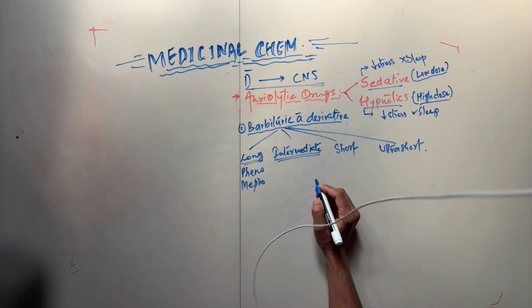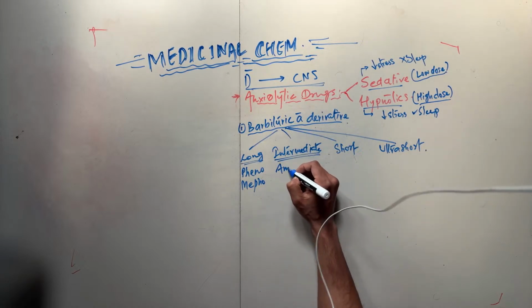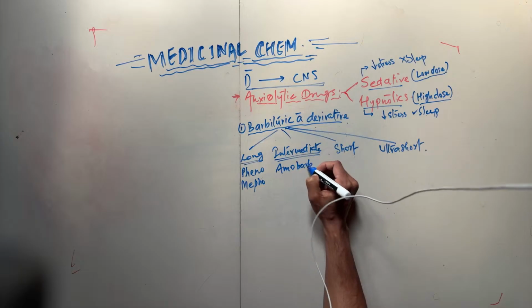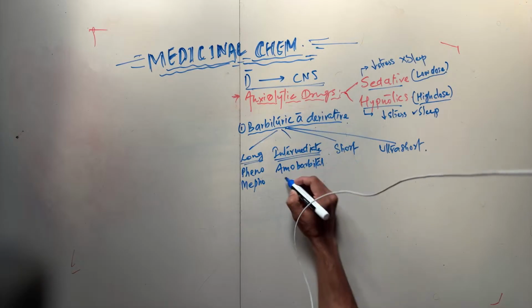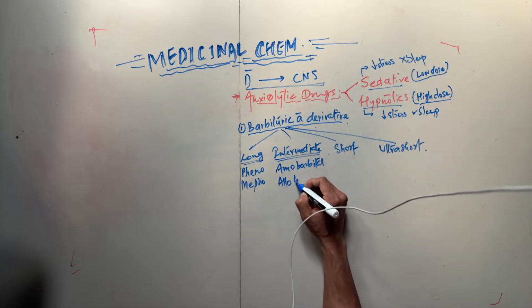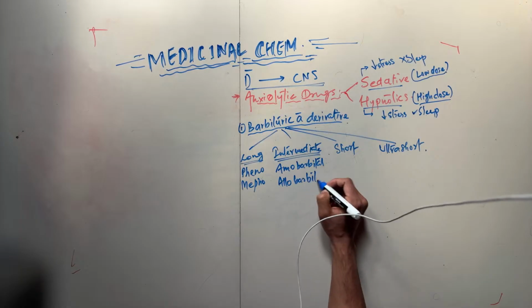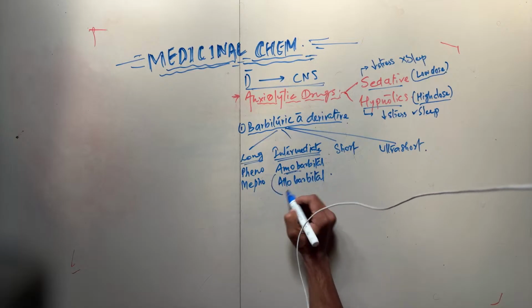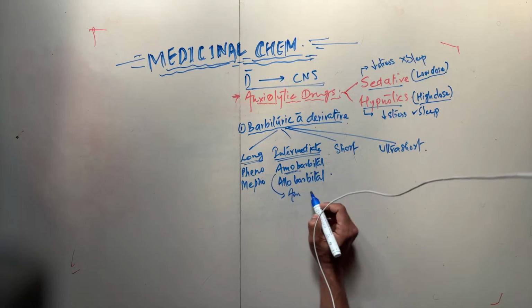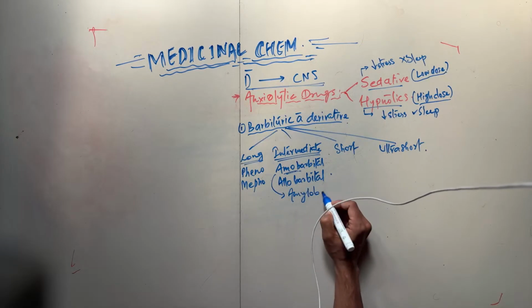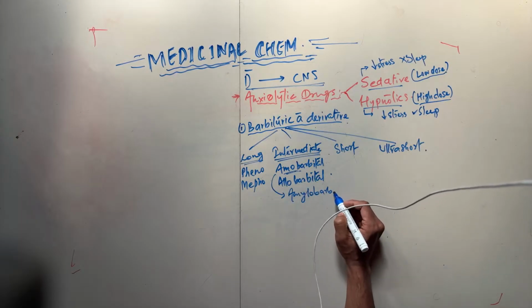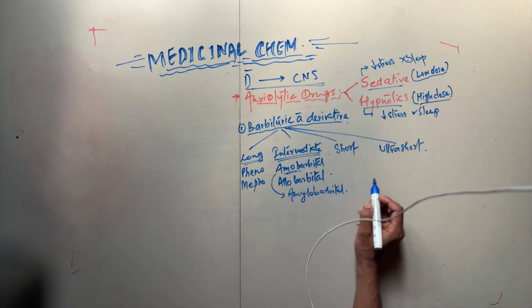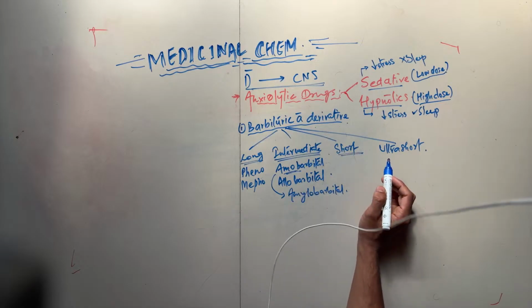Number 2, in intermediate acting drugs, examples are amobarbital and aprobarbital. You have to remember this, amobarbital is also called amylobarbital. Okay. Next, short acting. What are the examples of short acting drugs?